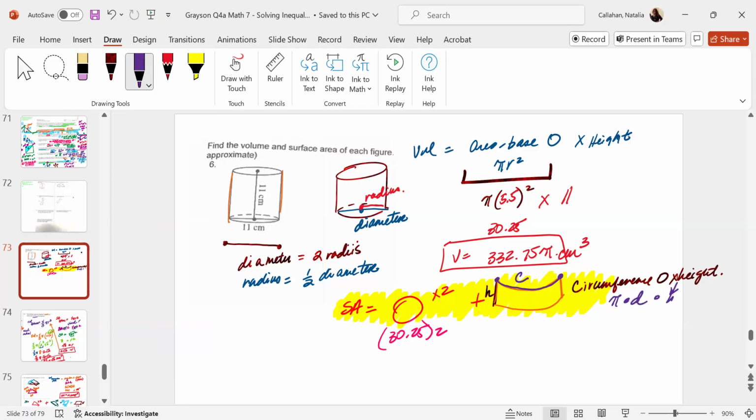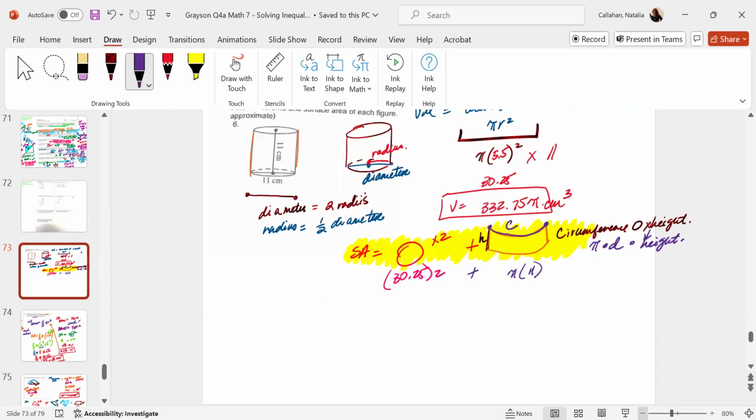Height times diameter. And then finally times height. What's your diameter again? Look at the picture. What's your diameter? What's your height then?